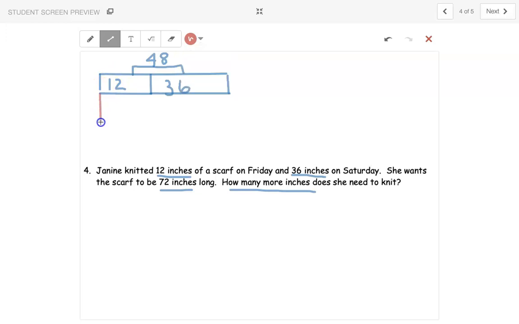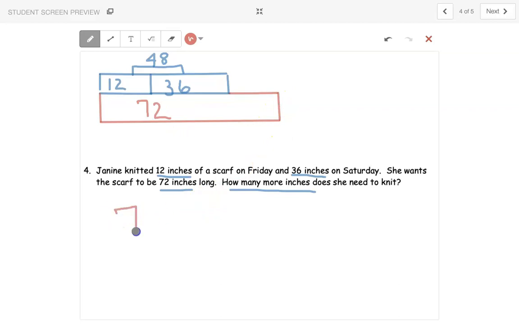So let's draw the second part of our tape diagram. We need more for a total of 72. How many more says to me subtraction.